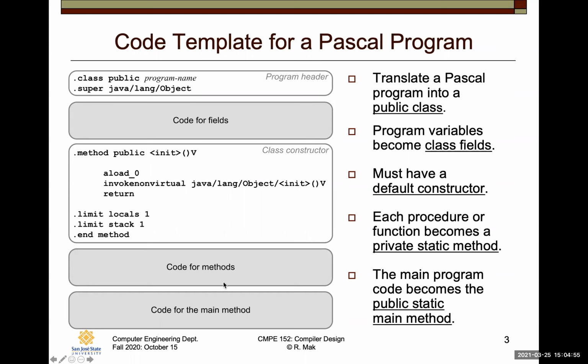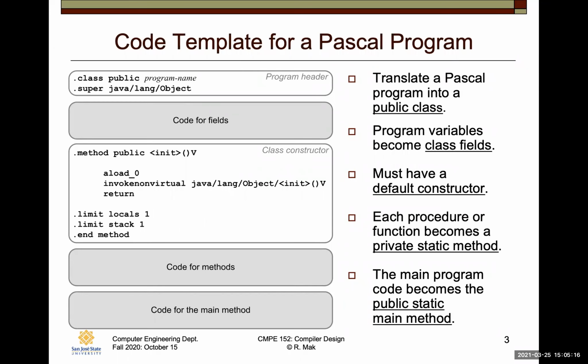And so it could be a bunch of print statements or whatever to emit this code. Okay? Then here, where it says code for methods, this is where you emit code for any procedures and functions in your Pascal program. In the Java world, functions are called methods. Okay, well, member functions are called methods.